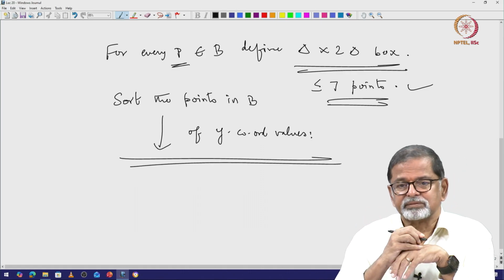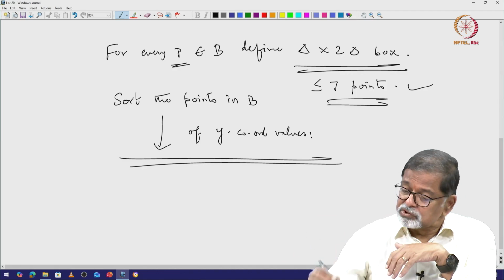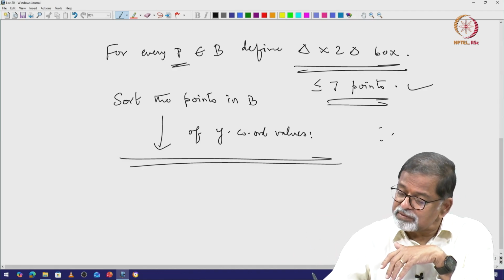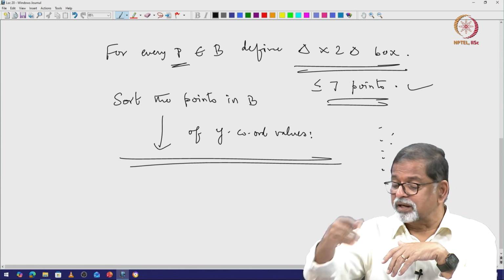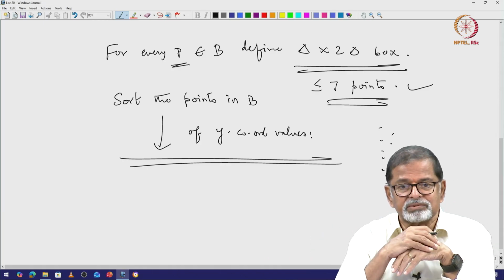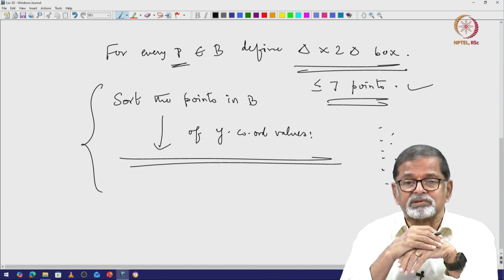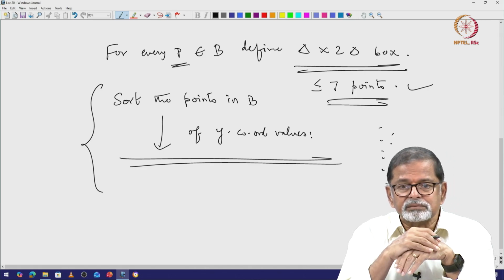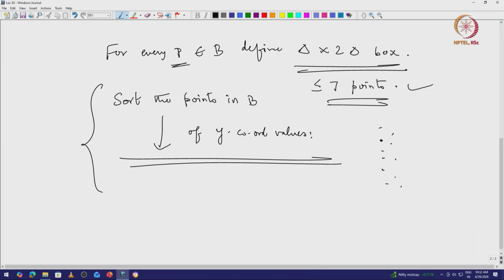Now you can imagine that the points are available in the descending order of y values. Now, the sorted sequence. So, consider any point. The next point is below that.